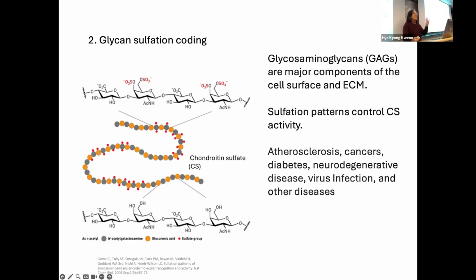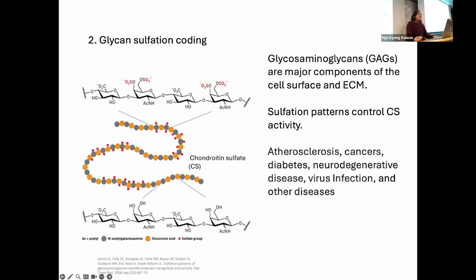GAGs are mostly found in extracellular matrices, with a long chain of polysaccharide attached to a core protein. It's like building a fuzzy protection layer outside of a cell. So it communicates with extracellular signaling or prevents virus infections.